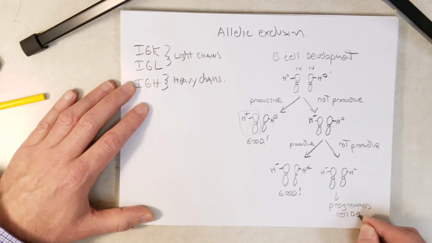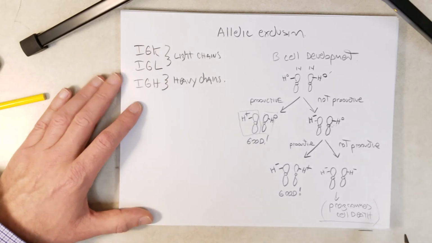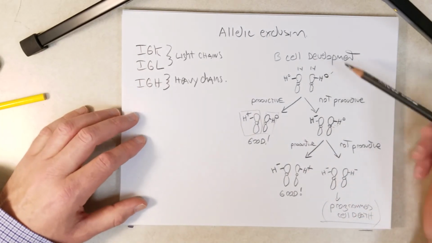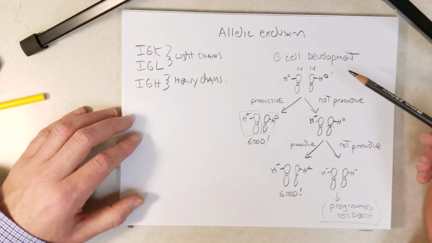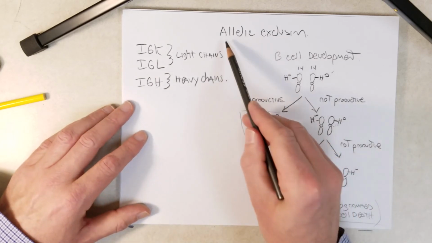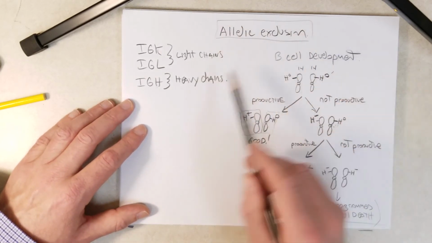That poor cell is not going to make any descendants. It's over. It's done. But the body can usually make lots of different B cells, so it will try again with a different B cell. So that's how allelic exclusion works for the IgH locus.